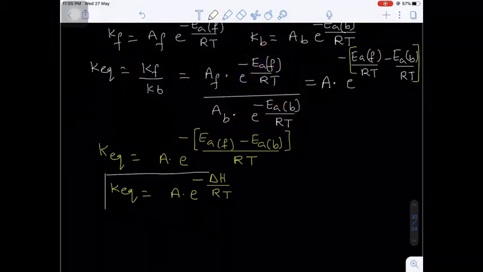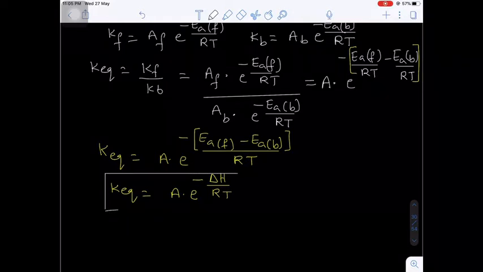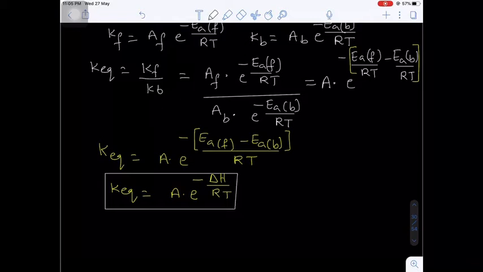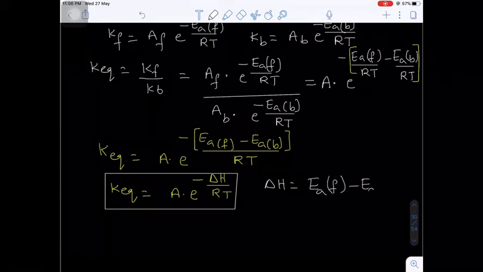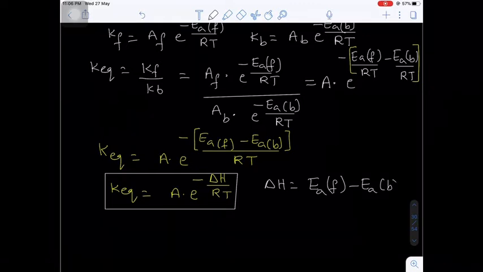So this is a very important equation. What is the delta H? Enthalpy of the reaction. Delta H is equal to the activation energy of the forward reaction minus the activation energy of the backward or reverse reaction.